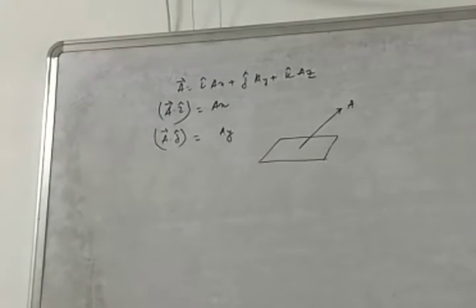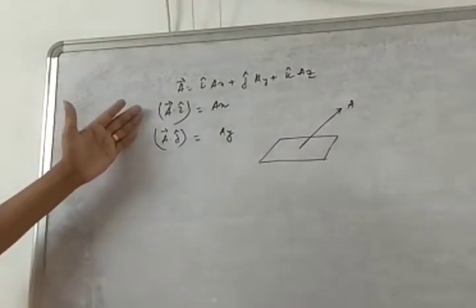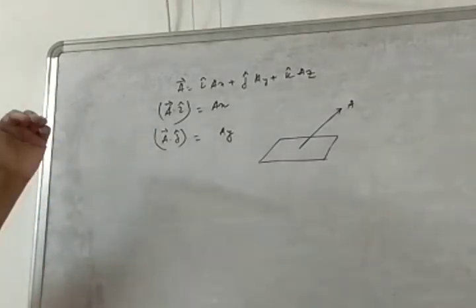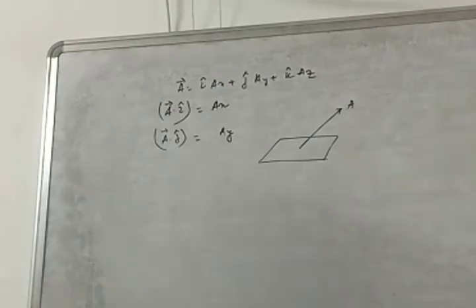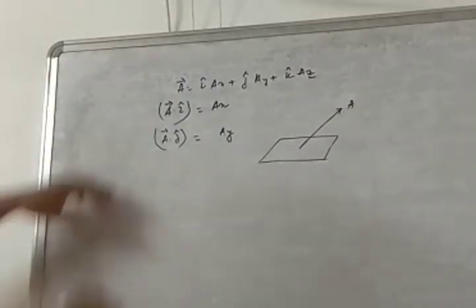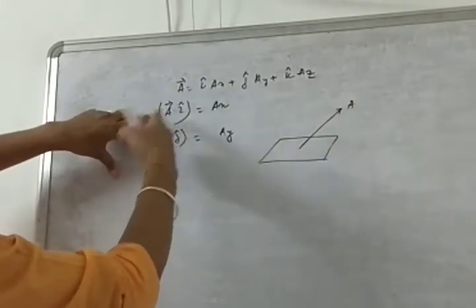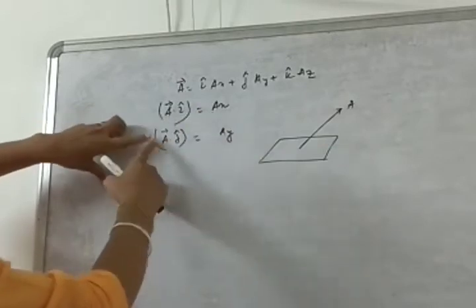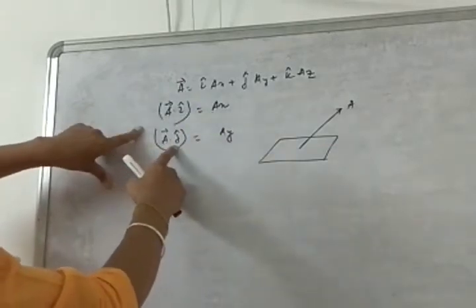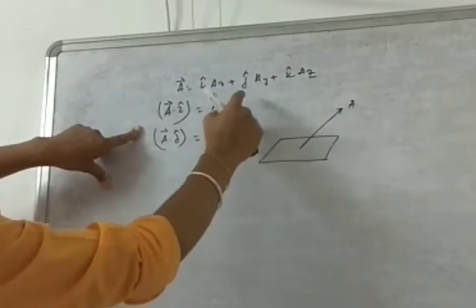So we developed a concept here: when you do a dot product of a vector with a unit vector, the result is the component of the vector along that unit vector. If I perform A dot i, then we get the component of A along x. If I perform A dot j, we get the component along the y axis, Ay.